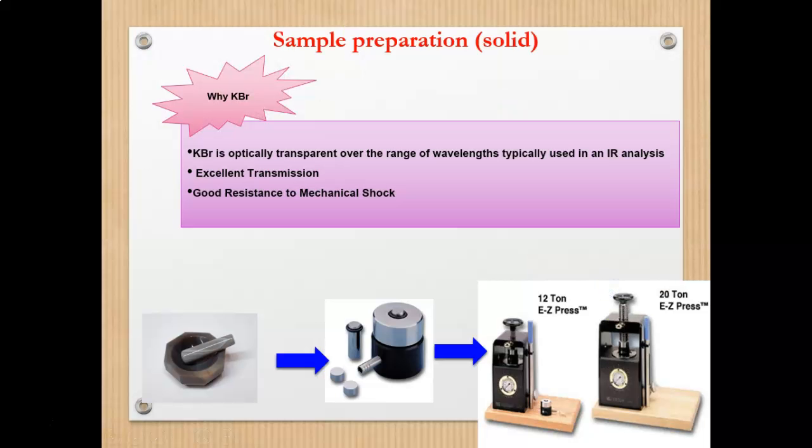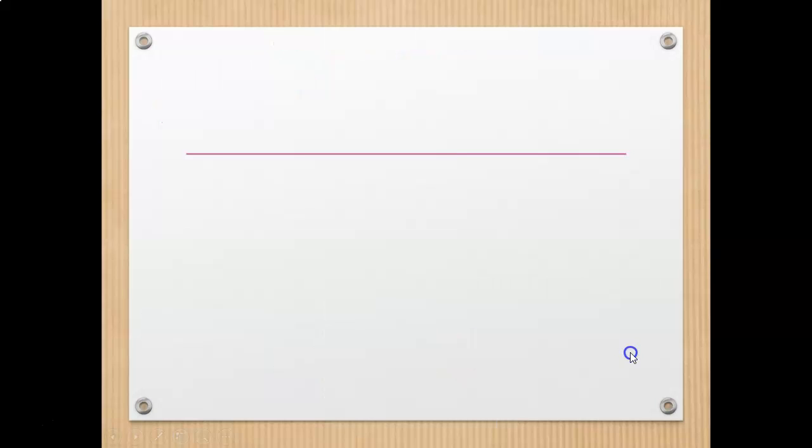Sample preparation for the solid. Why are we using KBr? KBr is optically transparent over the range of wavelengths typically used in IR analysis. It has excellent transmission and is also resistant to mechanical shock. So the sample must be ground and mixed with KBr, and then use compression, or a hydraulic press, to press the sample.